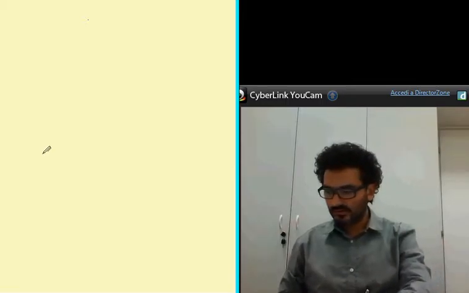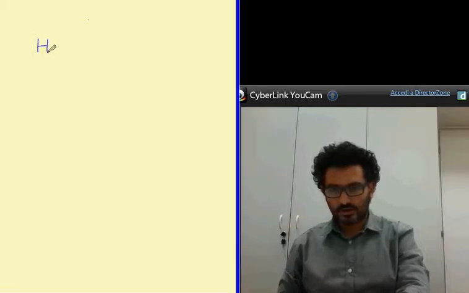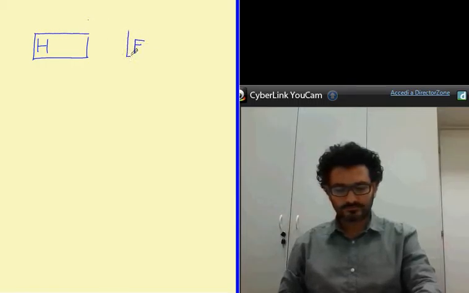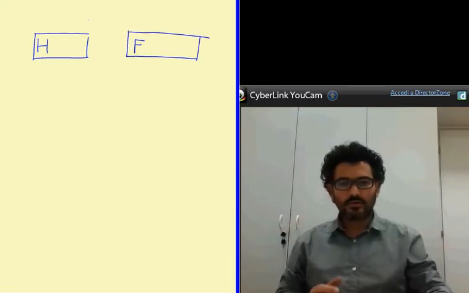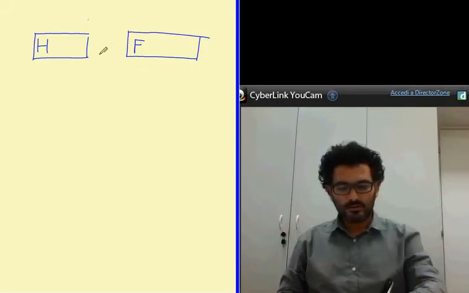So in this case, we can draw a flow diagram in which we have households and firms, and we can identify all the flows between these two operators.